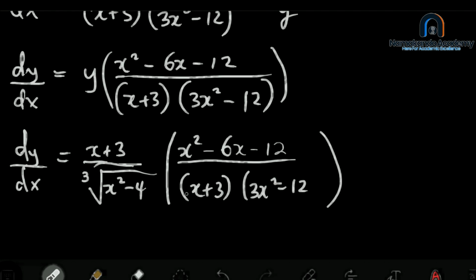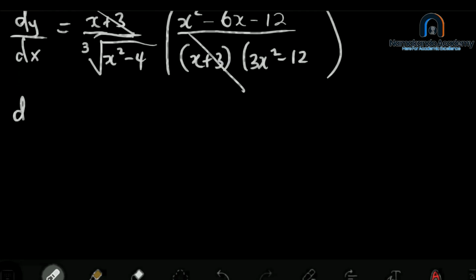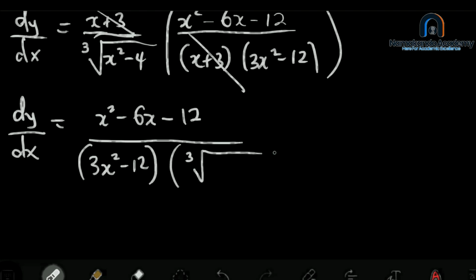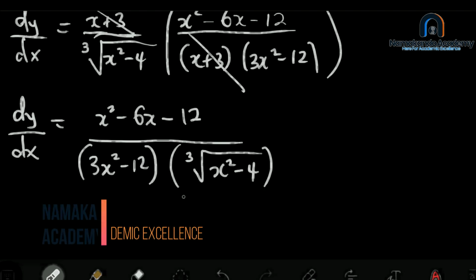So now this x plus 3 and that x plus 3 will cancel. So we get dy/dx to be equal to x squared minus 6x minus 12 over the product of 3x squared minus 12 times the cube root of x squared minus 4. And this is our dy/dx.